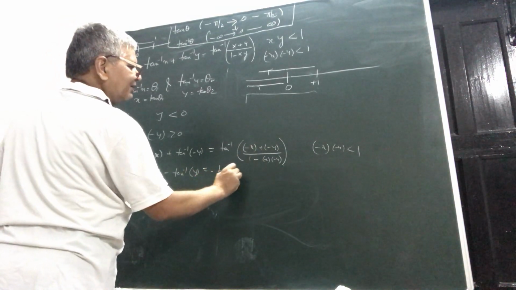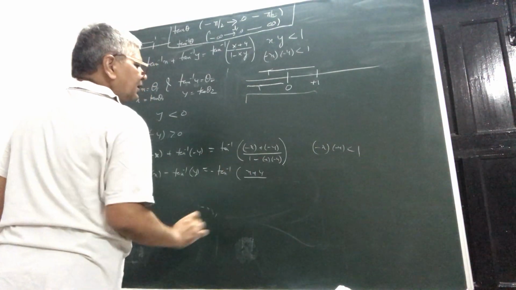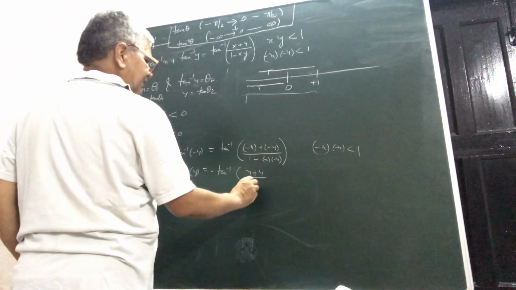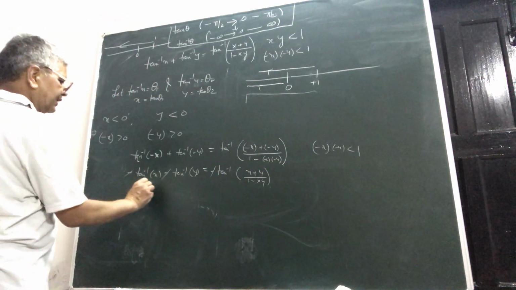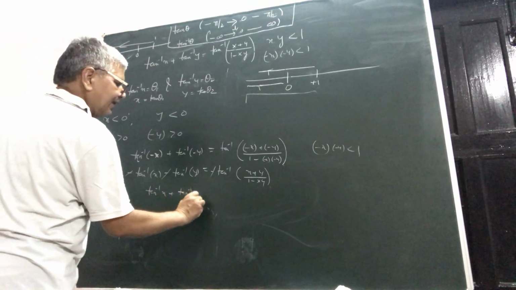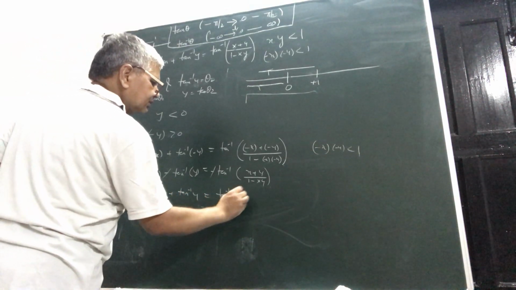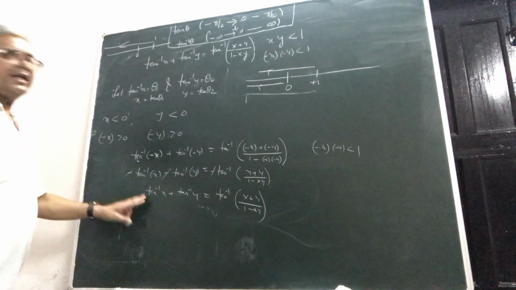So what will you get? Tan inverse of x plus y upon 1 minus xy, and this minus goes all the way. So you get the same result: tan inverse x plus tan inverse y is equal to tan inverse of x plus y upon 1 minus xy. So, not a new result.